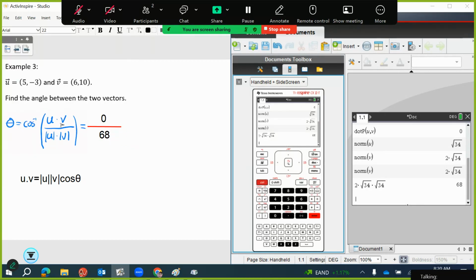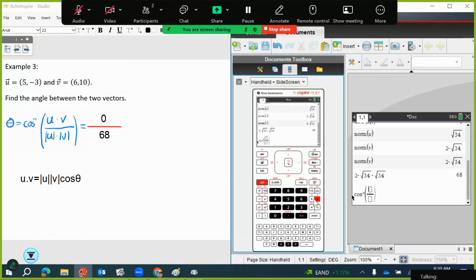What is the arc cosine of 0 over 68? Let's try it on our calculator. Make sure your calculator is in degrees. We take the arc cosine of 0 over 68, and we get 90 degrees.